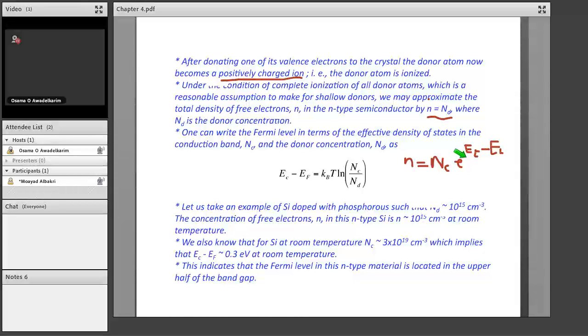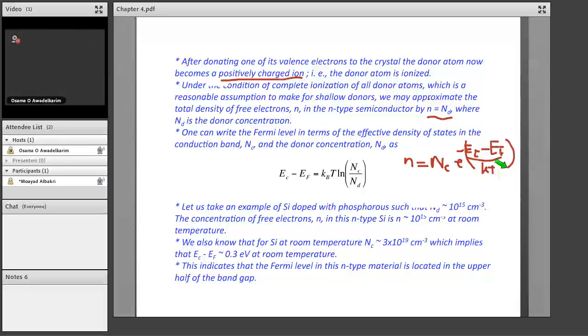This is all in a bracket, and this is the exponent.